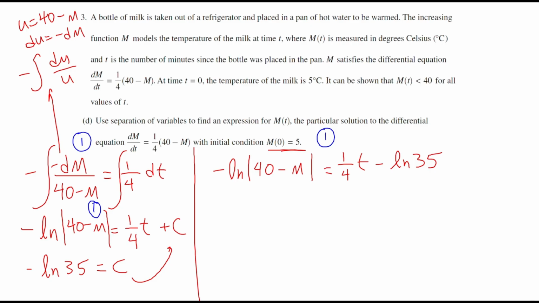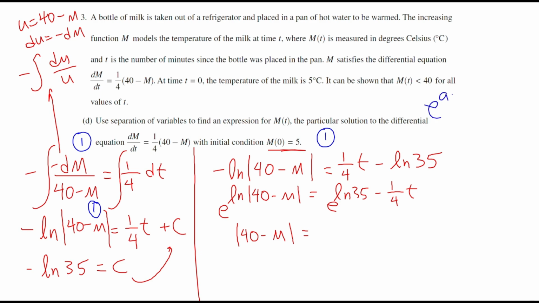So first we'll just divide by a negative sign. We have natural log absolute value 40 minus m is equal to ln 35 minus 1/4 t. We'll exponentiate both sides. In other words, we'll raise both sides as powers of e. And as we do that, we'll end up with the absolute value of 40 minus m is equal to e to the a minus b, or e to the a plus negative b, which can be written as e to the a times e to the negative b, if we have two things that are being added together.